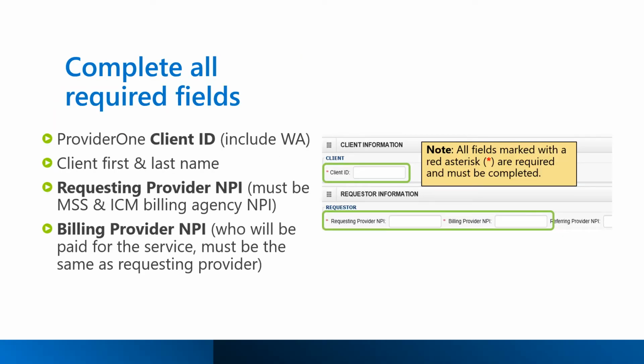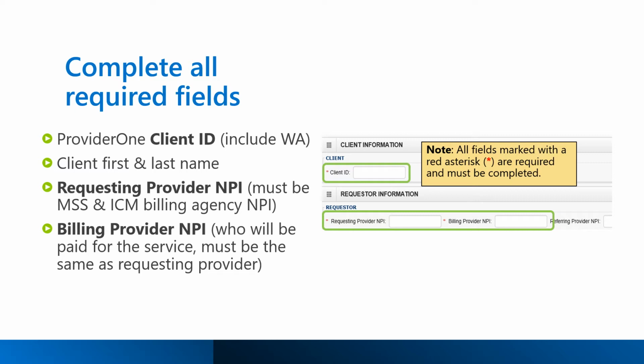You will need to complete all required fields that have a red asterisk next to them. Enter the client's ProviderOne ID that ends in WA and make sure to include WA. Type in the client's first and last name. Then, in the requesting provider and billing provider NPI fields, enter the NPI, National Provider Identifier, that is used as the billing provider NPI.